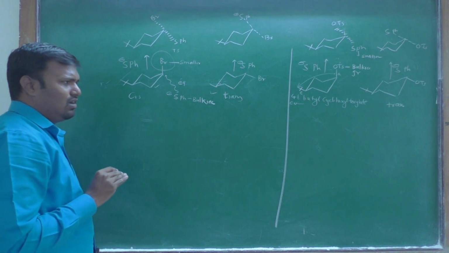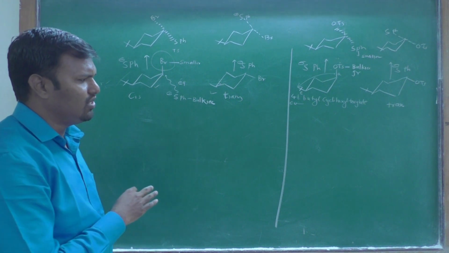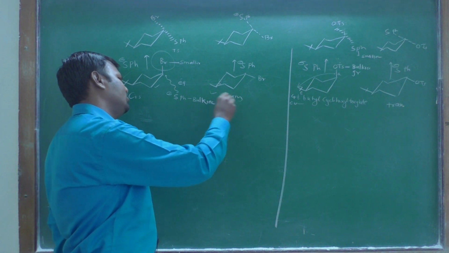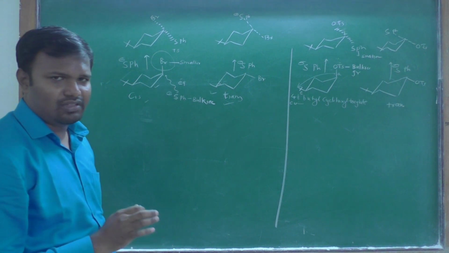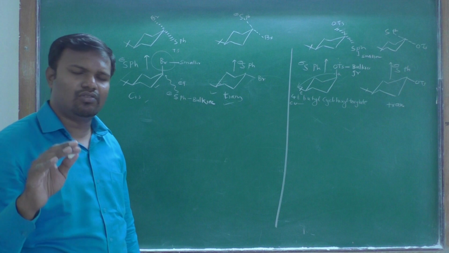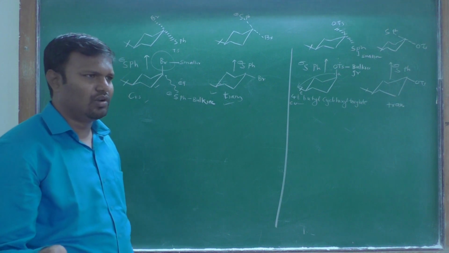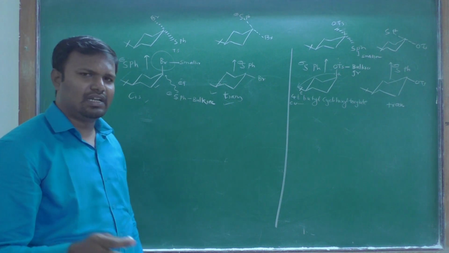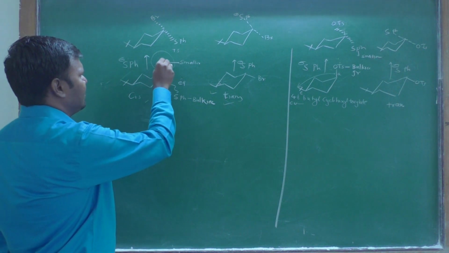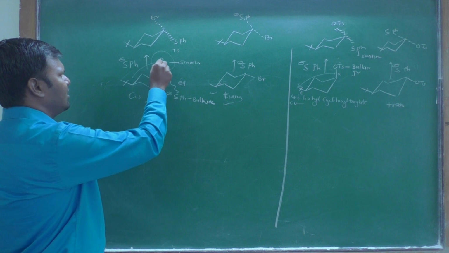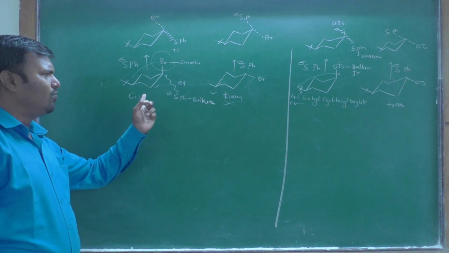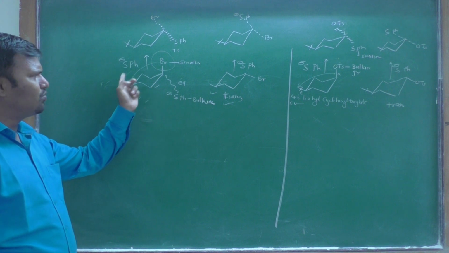Now we predict the ground state energy for each compound, whether trans has the higher energy or cis has. This ground state energy we can predict from its conformation, whether the group is attached at the equatorial position or at the axial position. In this case there is an axial group, therefore a 1,3-diaxial interaction will be there, and also there is a repulsion between the bulkier group and the bromine.